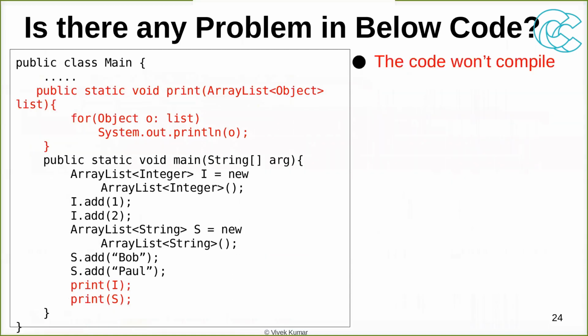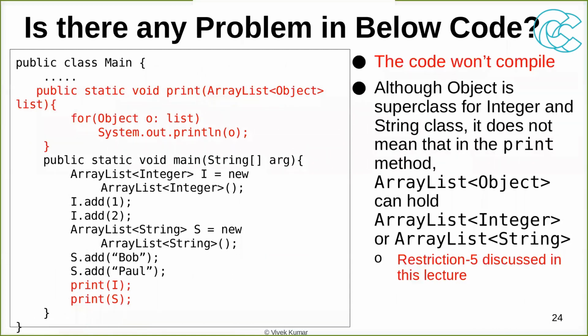Okay. Let's say you are given this code on the left hand side. You have the public class main, and then you have the print method that has this parameter array list of type object, and you are iterating through every element in the array list and printing each element. So now you have created one list, which is an integer list.